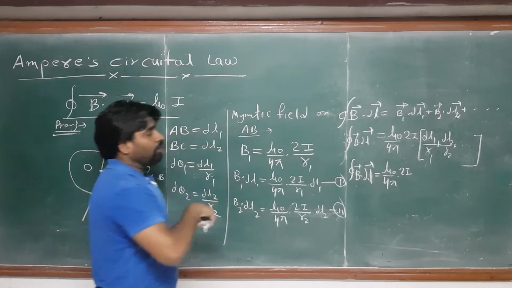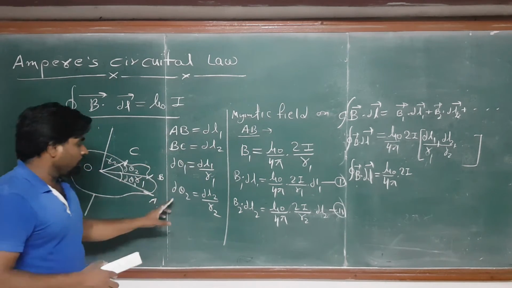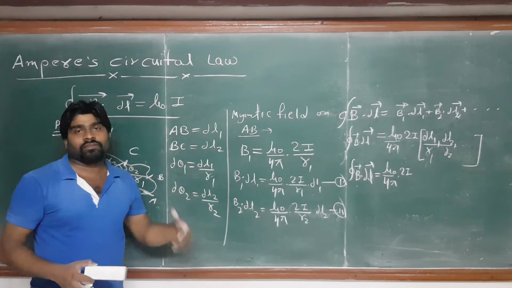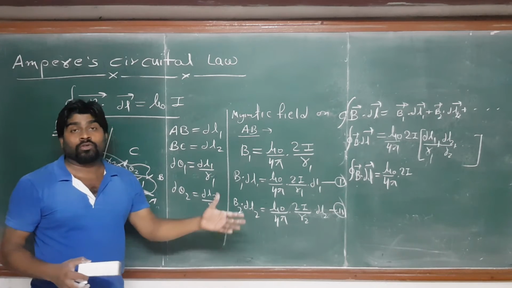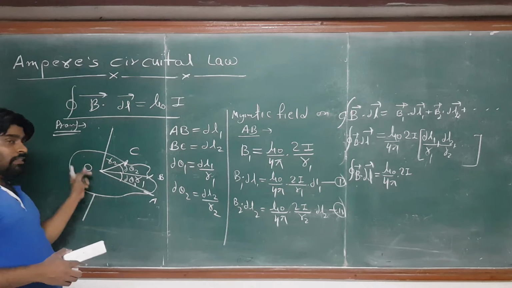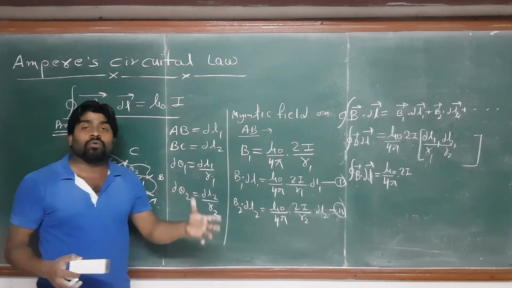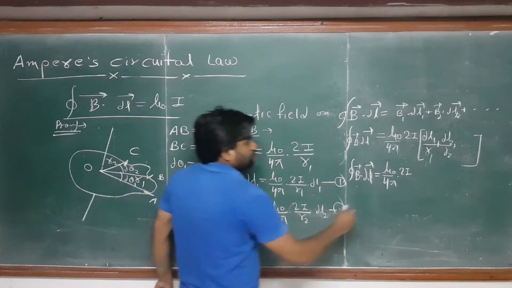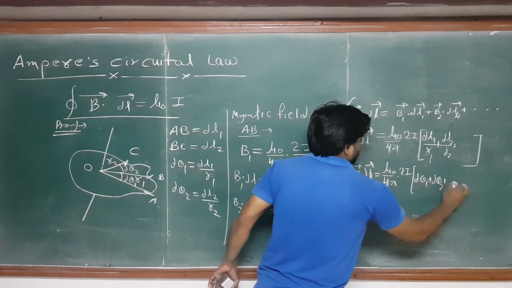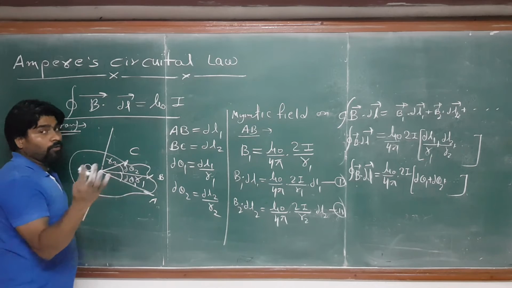Now dl1 by R1 is d theta 1, dl2 by R2 is d theta 2, and dl3 by R3 is d theta 3, d theta 4, and so on. If you are talking about d theta 1 to d theta n, it makes the overall angle of this loop, which is equal to 2 pi. So you can write d theta 1 plus d theta 2 and so on, and the overall angle of a closed loop of any shape is always 2 pi.